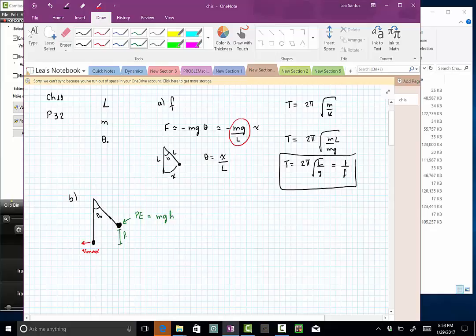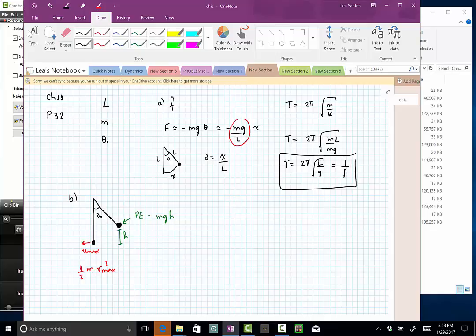And down here I will have maximum kinetic energy, which is 1/2 m v max squared. Now I have to put these two equations together to find this v max. But what remains is to find this height. So how can I find this height?